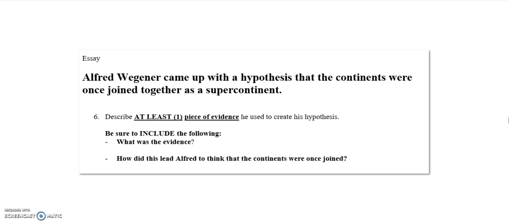Make sure you include the following in your essay. You need to include what was the evidence, so explain the evidence, and then tell me how did this lead Alfred to think the continents were once joined? So what was the evidence, and then what did it tell scientists? How did it tell scientists that the continents were once together and then spread apart?